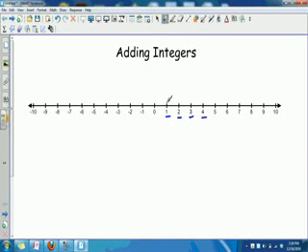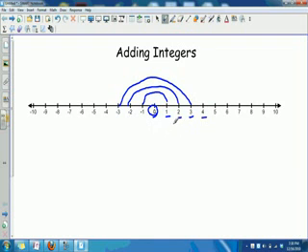They are also all of their opposites, which is a key word in this lesson, like -1, which is the opposite of 1, and -2, which is the opposite of 2, and -3, which is the opposite of 3, and so on, as well as 0. So integers are all of those: the positive whole numbers, the negative whole numbers, and 0.